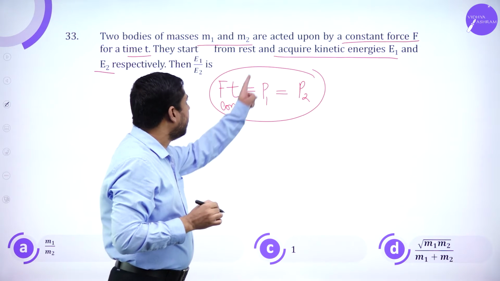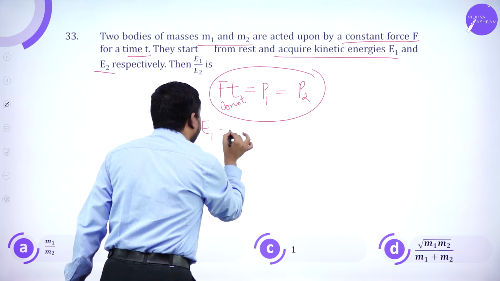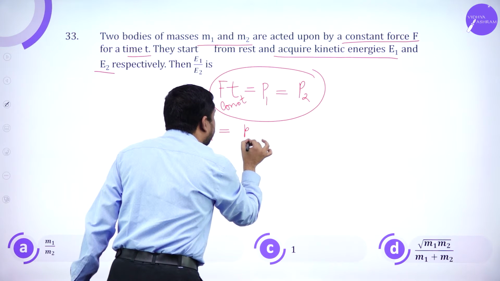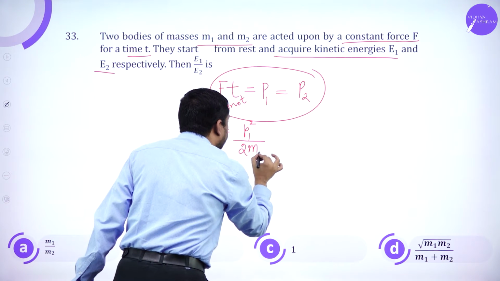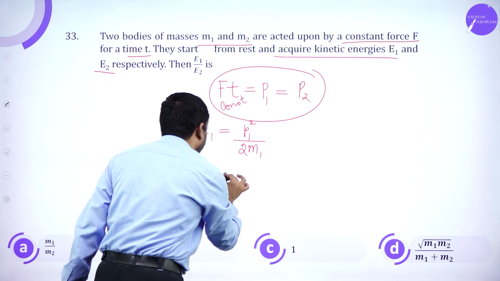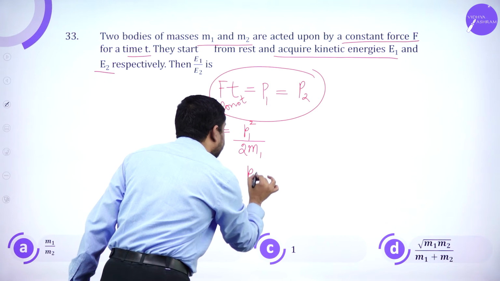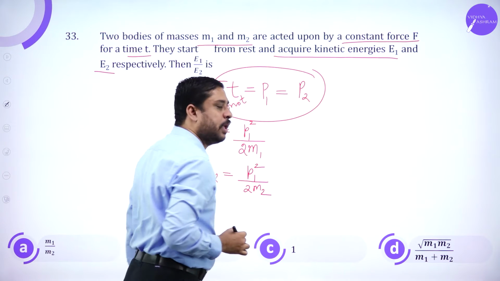Now, E1, kinetic energy in terms of momentum, P1 square by 2m1, E2, P1 square by 2m2.